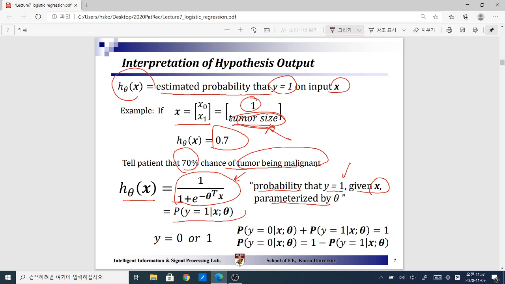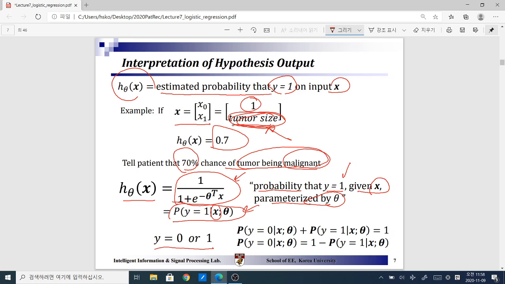Or the same thing can be said in this way: it is equal to the probability of the label being 1, once again, the label being 1 meaning the tumor is malignant, given the particular tumor size, which is parameterized by theta. So the label here could be either 0 or 1.